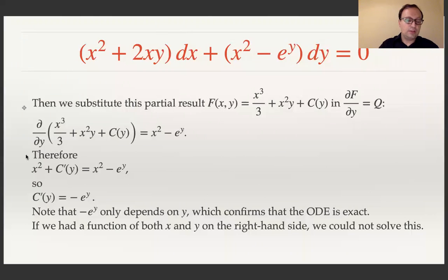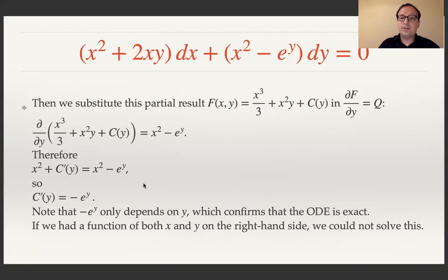And then what is partial over partial y of this parenthesis? X cubed over 3 doesn't contribute anything. The derivative of x squared y with respect to y is just x squared, and the derivative of c is c prime. So x squared plus c prime is equal to x squared minus e to the y. Well, the x squared cancels, and we get that c prime of y is minus e to the y.